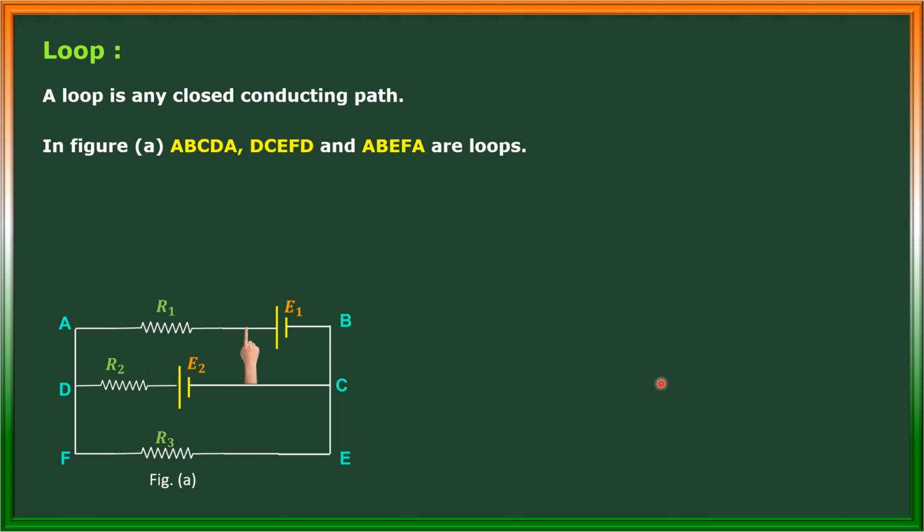A, B, C, D, A is one loop. Similarly, D, C, E, F, D is another loop. Next, A, B, E, F, A is the other loop. So in this circuit, there are three loops we can find.